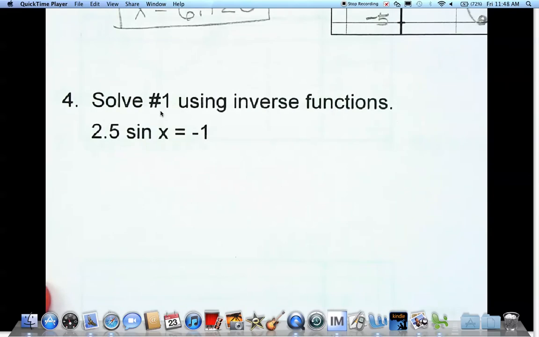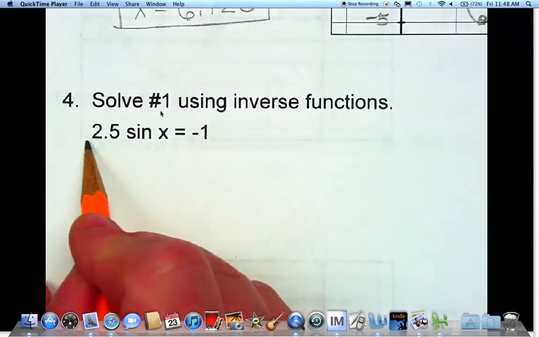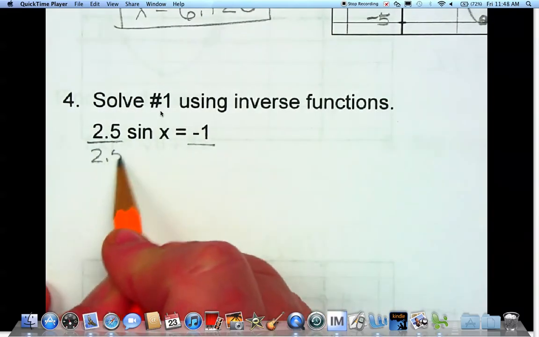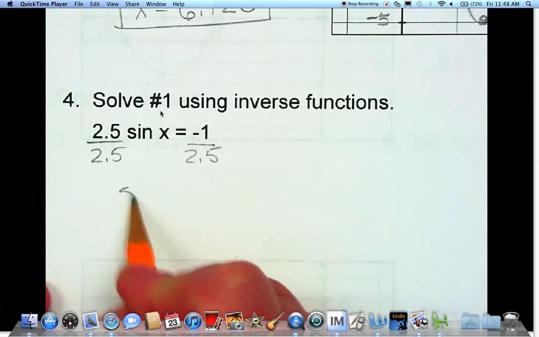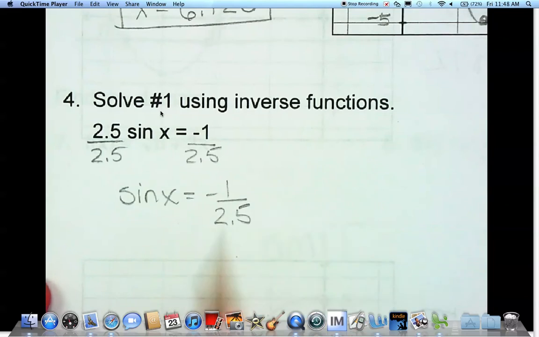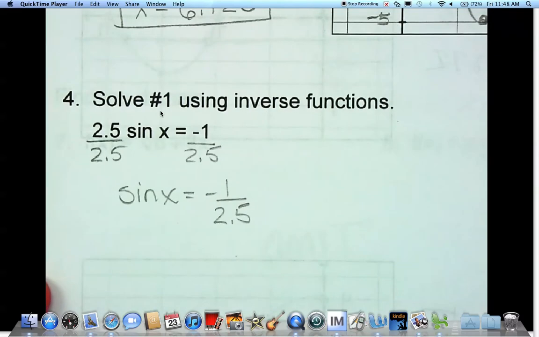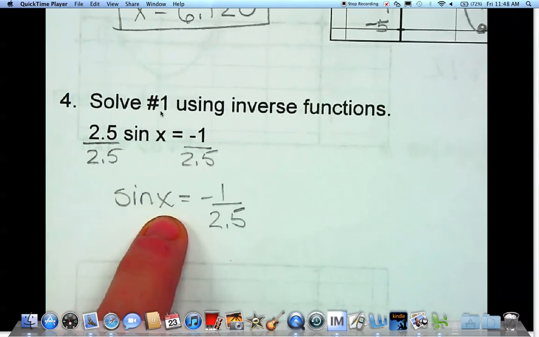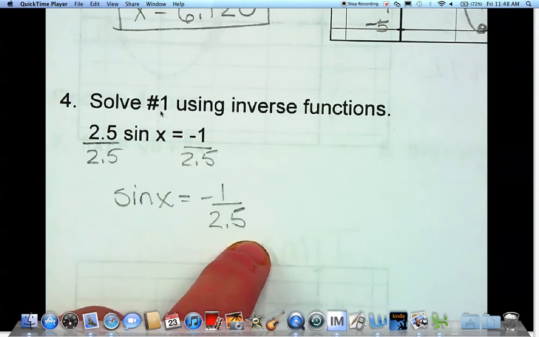We have to get the sine x by itself. Divide by 2.5. And I don't know if you remember, but to find x, we can do the inverse of sine. So we're going to do the inverse of sine of -1 over 2.5.